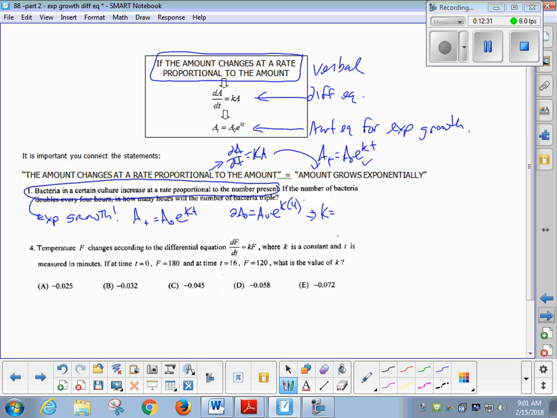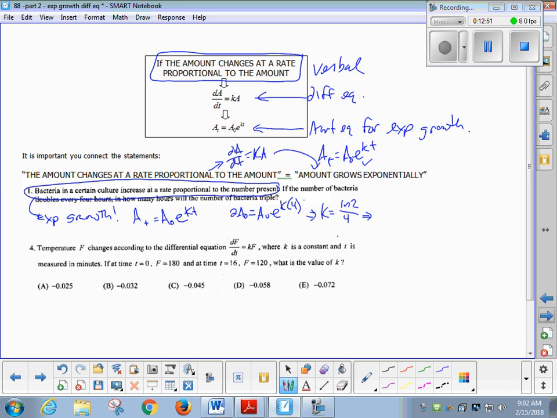That's log of 2 divided by 4. Do you agree? Okay, so now I have a complete equation. I don't really know the initial amount, but I don't really care. To answer the question, how many hours till the bacteria triples?